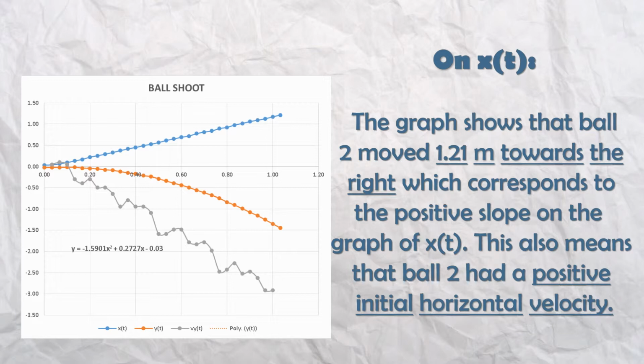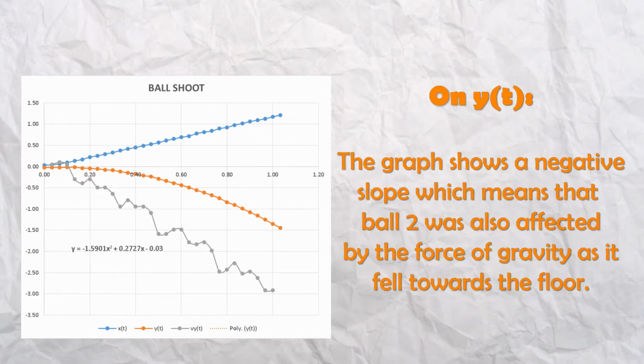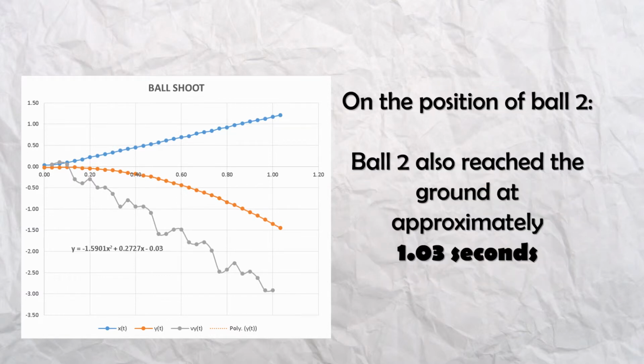This also means that ball 2 had a positive initial horizontal velocity. The graph shows a negative slope, which means that ball 2 was also affected by the force of gravity as it fell towards the floor. Ball 2 also reached the ground at approximately 1.03 seconds.